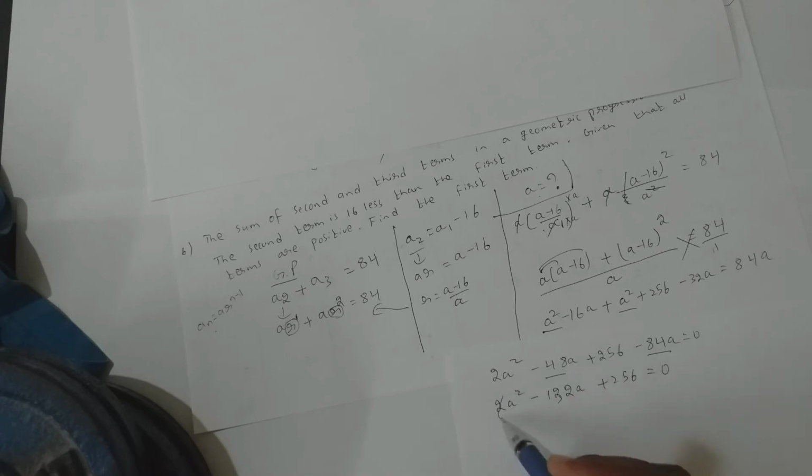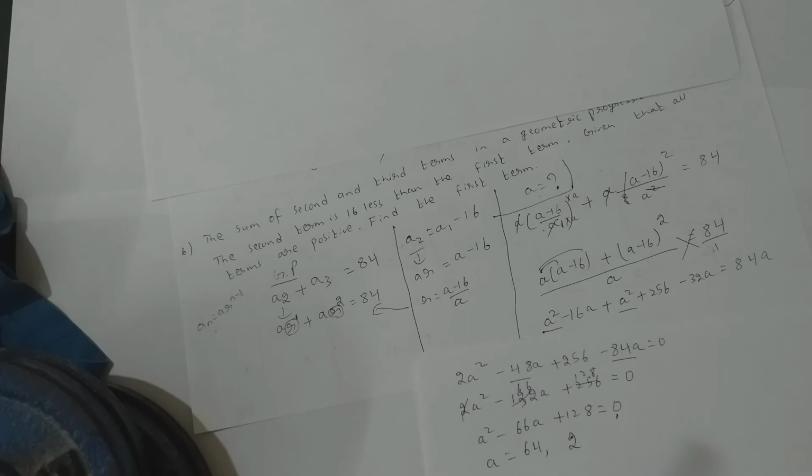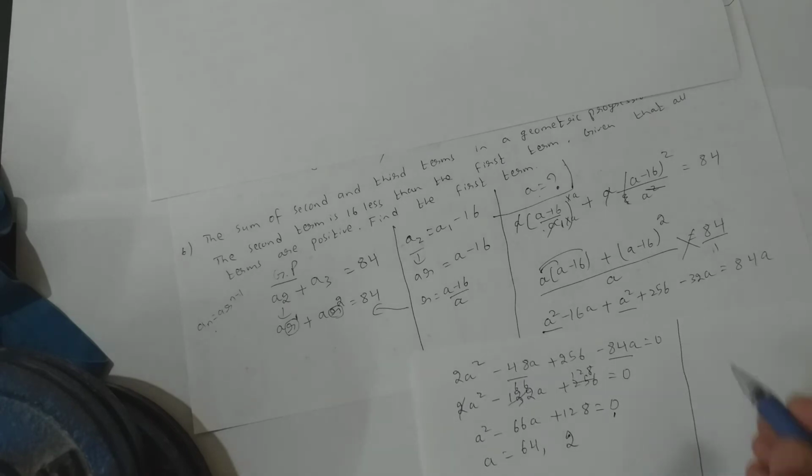Now each goes in two tables, so I am cancelling in two table. So it becomes A square minus 66A plus 128 equal to 0. So the values of A that I get are 64 and the other one is 2. Right? Now when A is 64, how much will my A2 be?